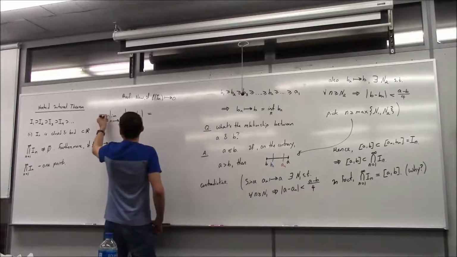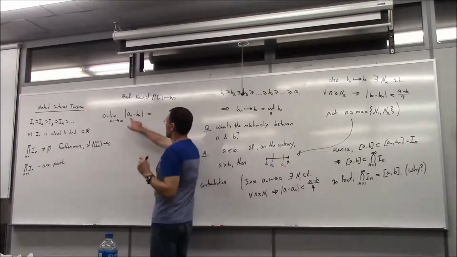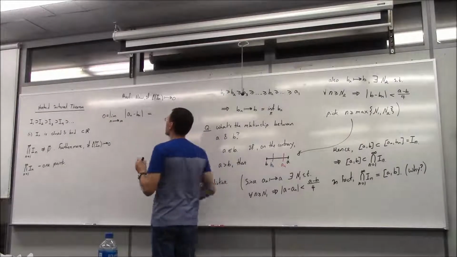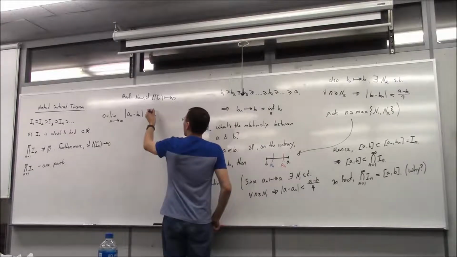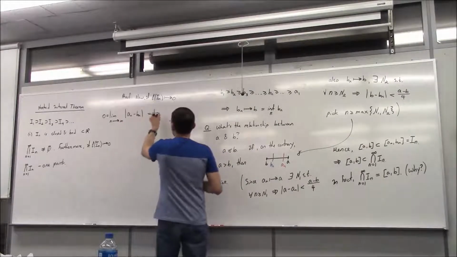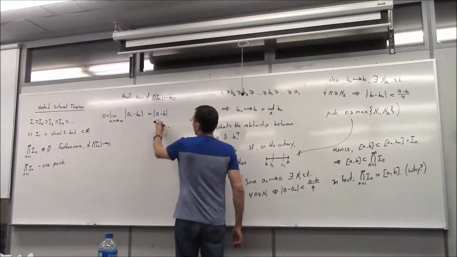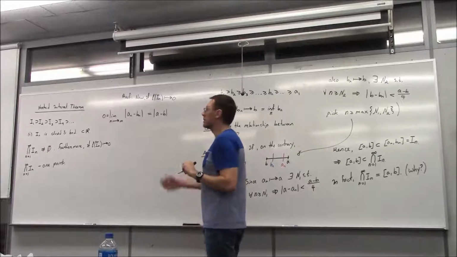On one hand, this limit is 0. On the other hand, distance is continuous in two variables. We have that this is just the absolute value of A minus B, and therefore the length of the interval is 0.